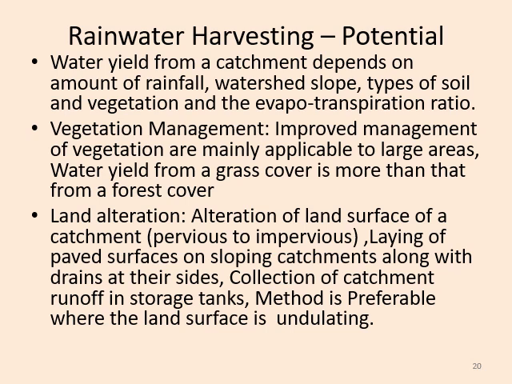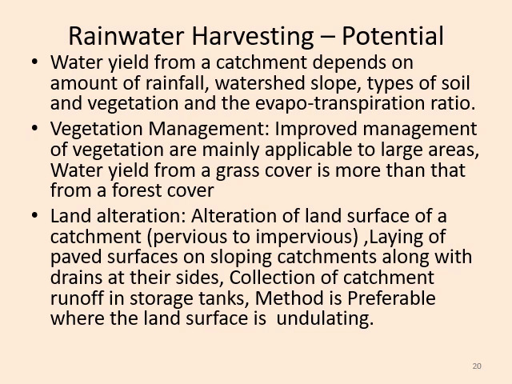The land surface in the catchment area should be altered or changed from pervious to impervious, by laying a paved surface on the sloping catchment along with drains at their sides, and collecting the catchment runoff in storage tanks. This method is preferable when the land surface is undulating.